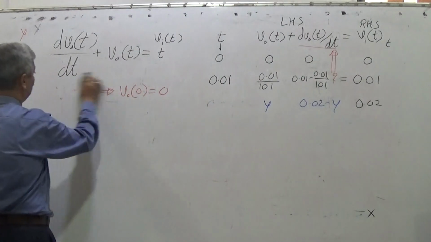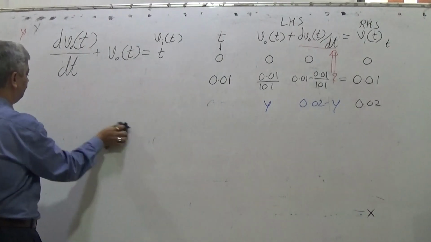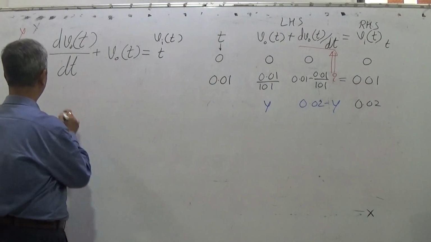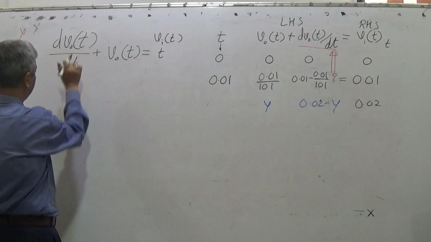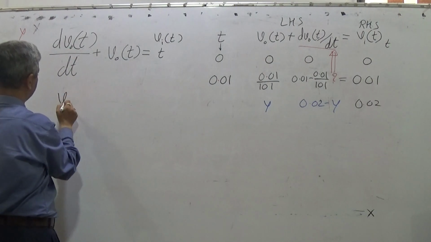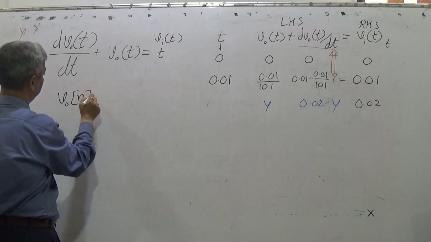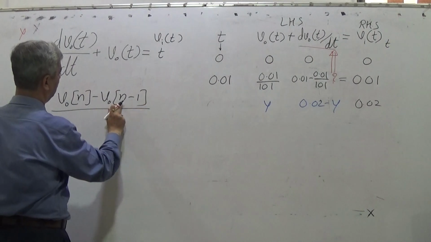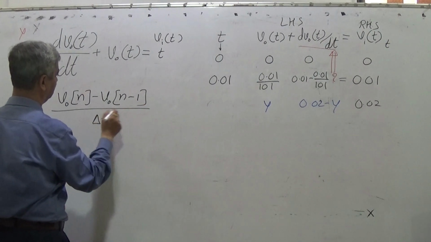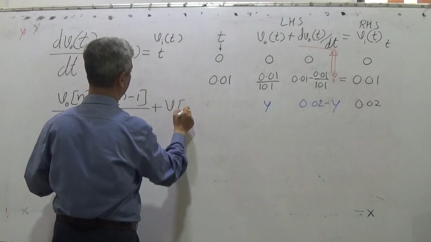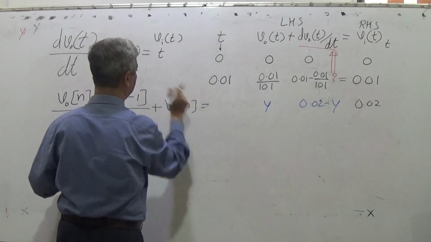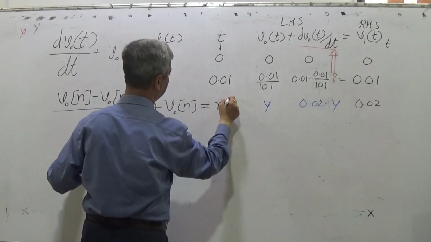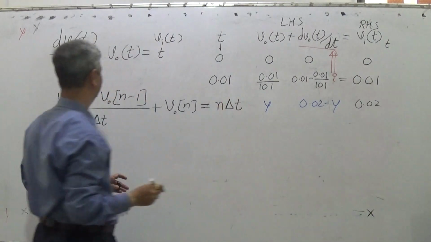So how can you solve this? I can write dVo/dt as (Vo[n] minus Vo[n-1]) upon the sampling interval delta t, plus Vo[n] is equal to t. What is t? t is n into delta t.